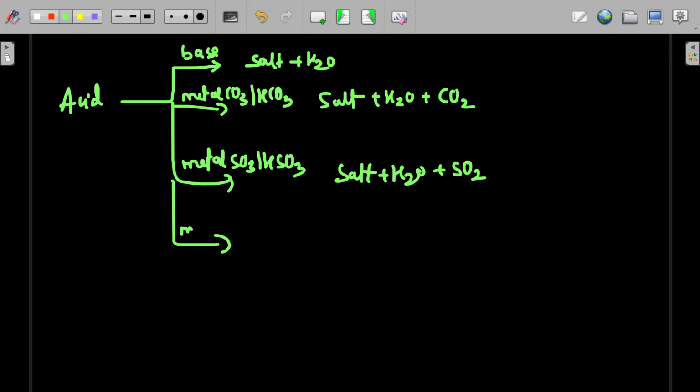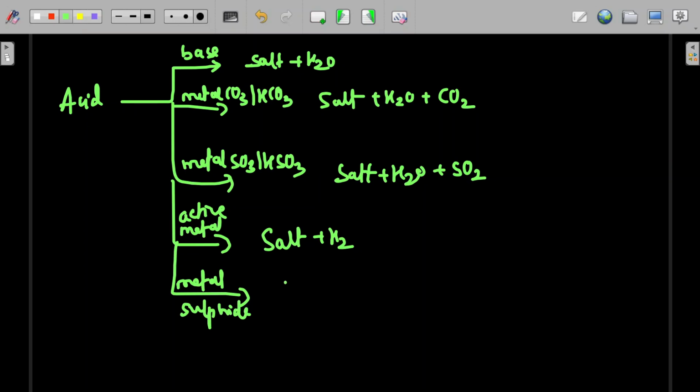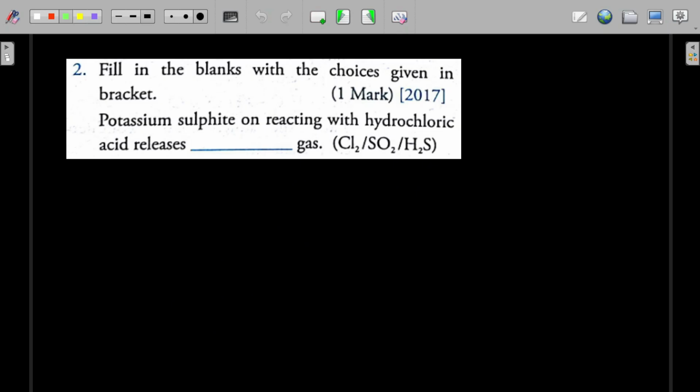This acid with a reactive metal gives salt as well as hydrogen gas. Metal sulfide gives salt plus H2S gas. Based on that, some questions are given. Potassium sulfide, so metal sulfide will give H2S gas. Sulfide gives H2S, sulfite gives SO2.